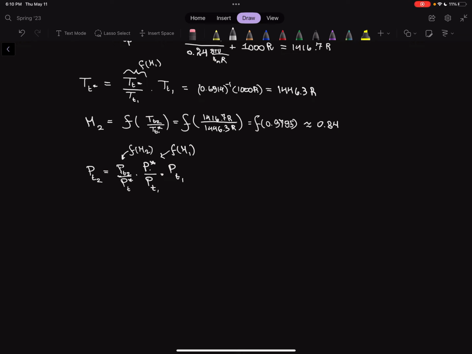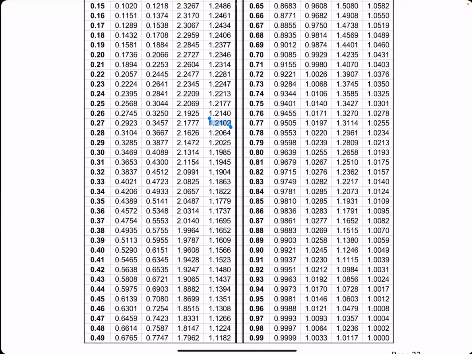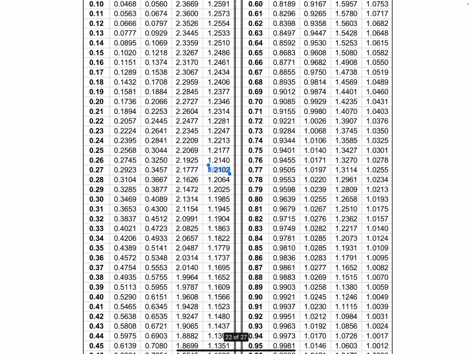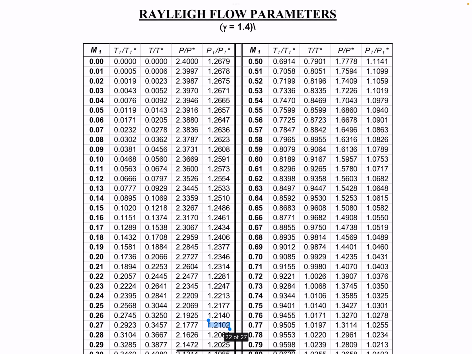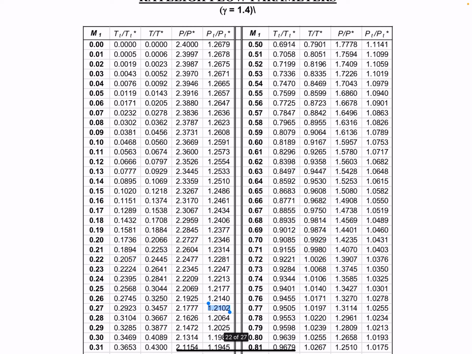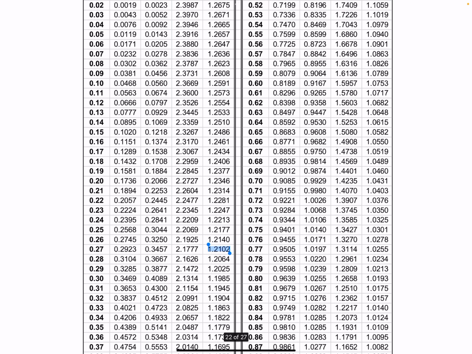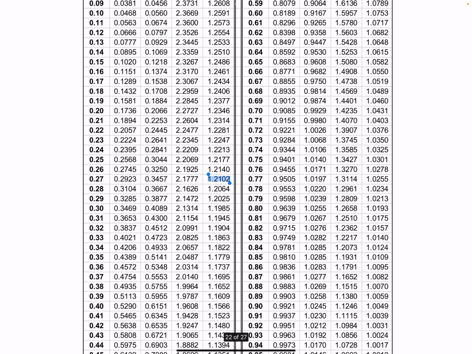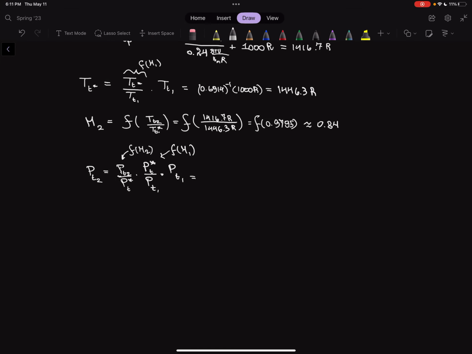Okay, so let's do that. From 0.84, we want the pressure over the total, so that's the last column. 0.84 is going to be 1.0124.